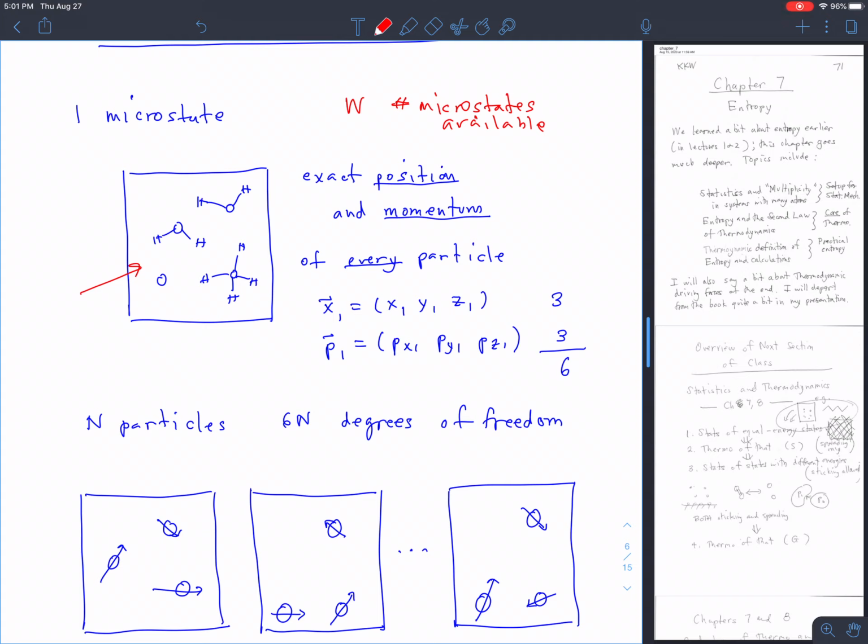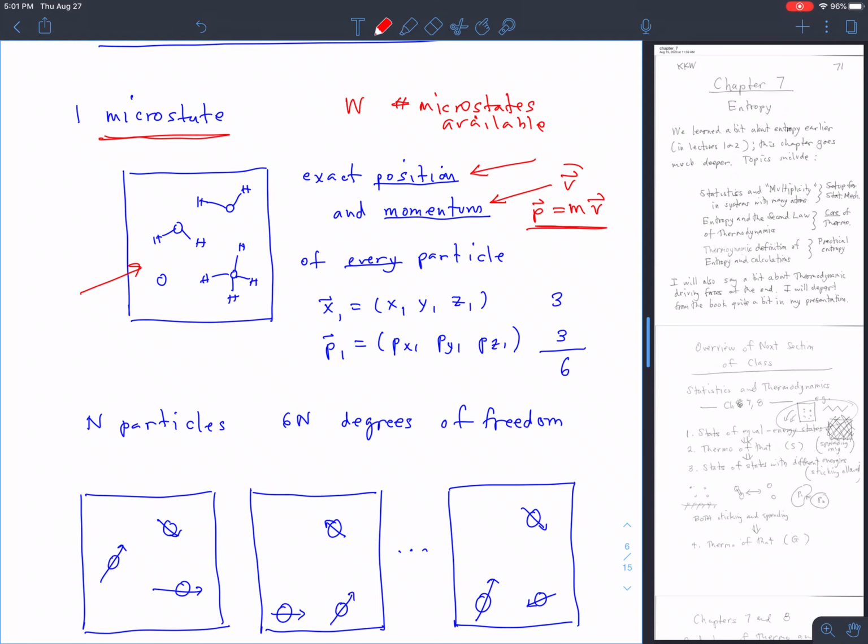Well, in that case, if we're using classical mechanics, one microstate, one mechanical state of the system, one microscopic state of the system, is knowing where every atom is, knowing the position of every atom, and also knowing the momentum of every atom, or essentially the velocity of every atom, right? The momentum is just the mass times the velocity, so they're very closely related.